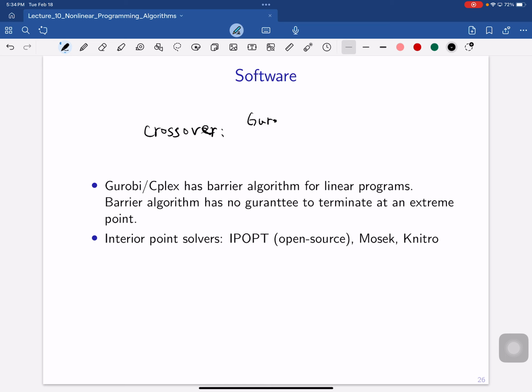Let's say you first use Gurobi to solve an LP using a barrier algorithm, and then let's say you get a solution X star. Usually the X star is not an extreme point.